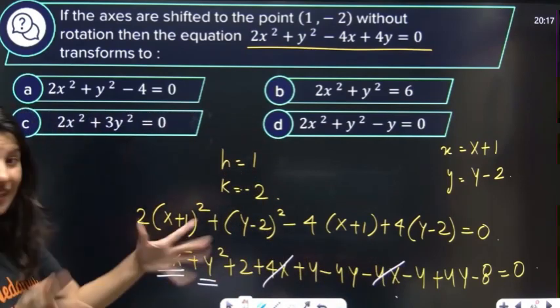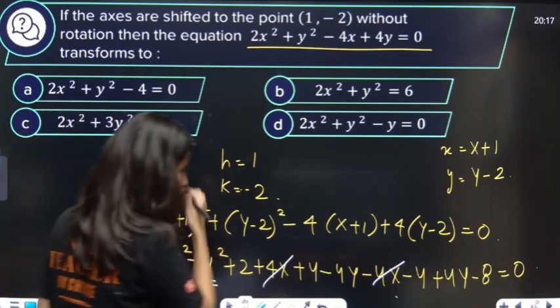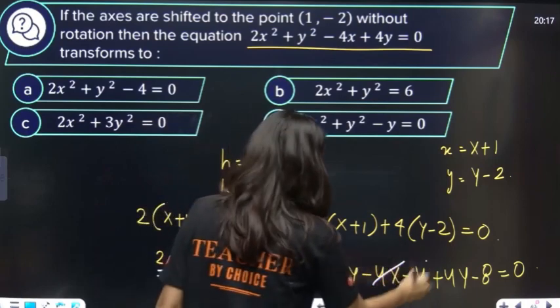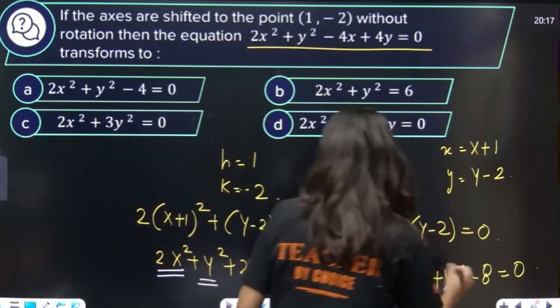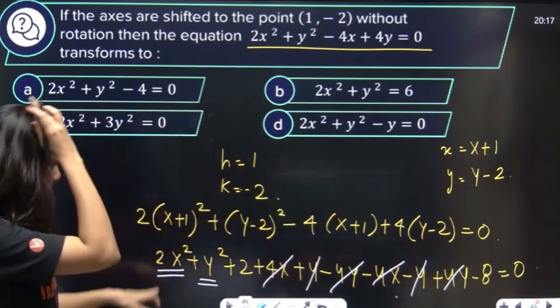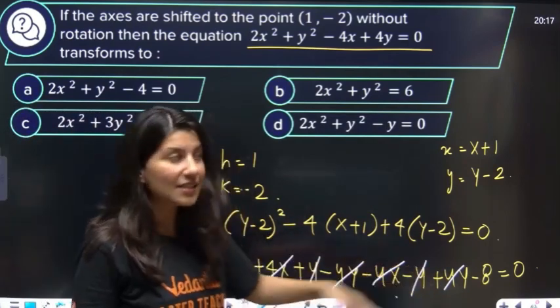So can you see there is no X term over here? Now plus 4 and minus 4 also gone. Minus 4Y plus 4Y is also gone. So now 2X square plus Y square minus 6 is equal to 0.